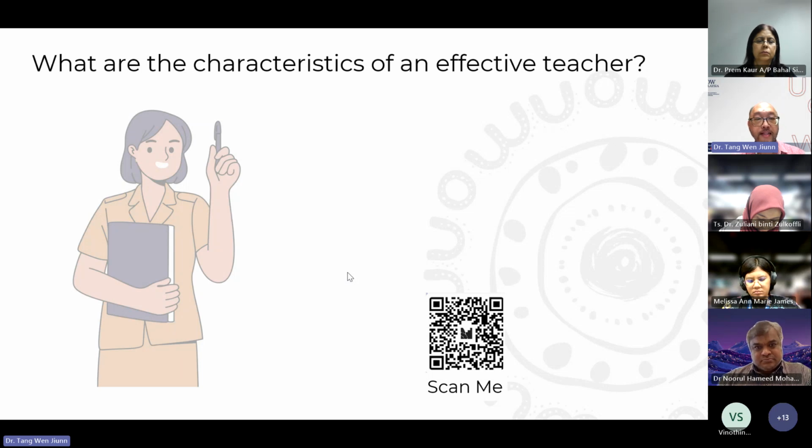So you can just type your response there. You can type more than one response for the question.